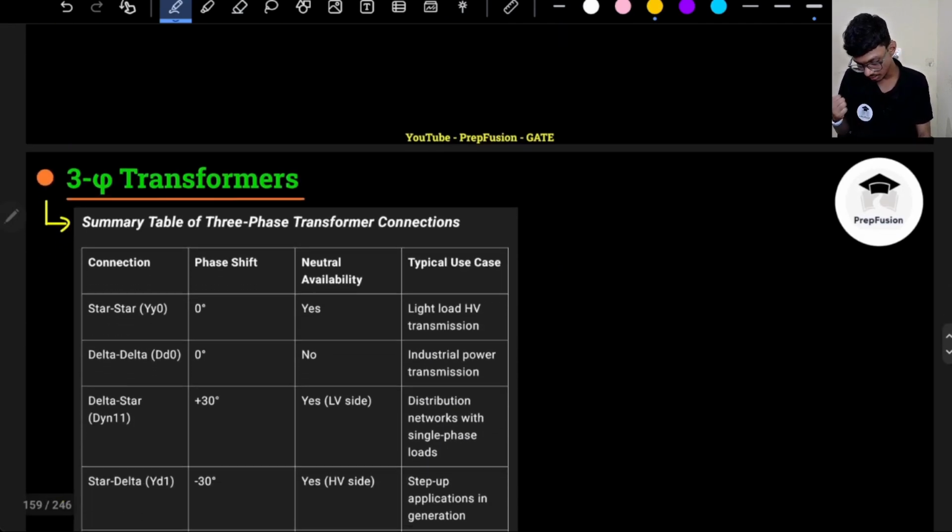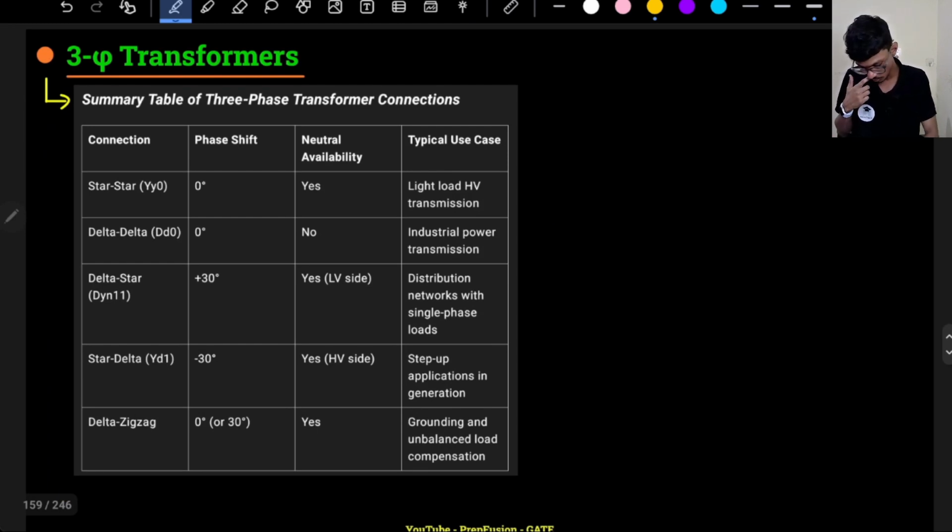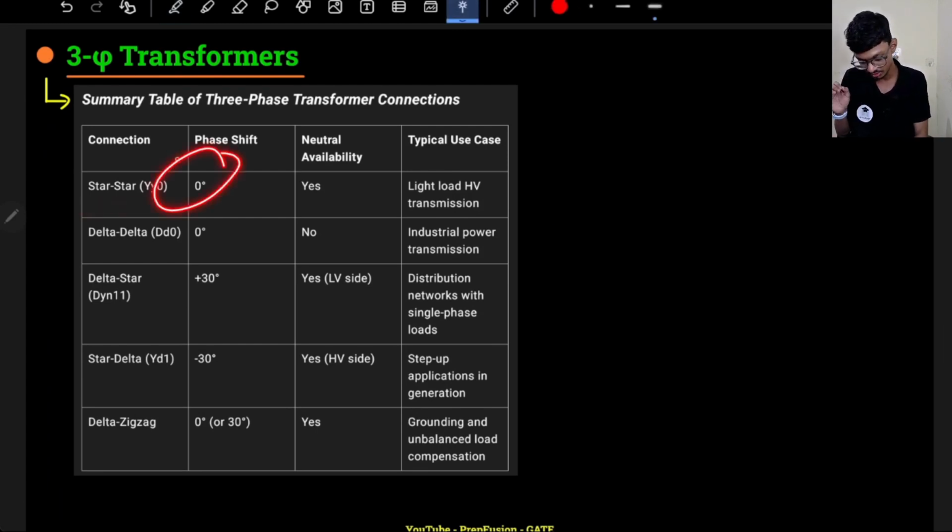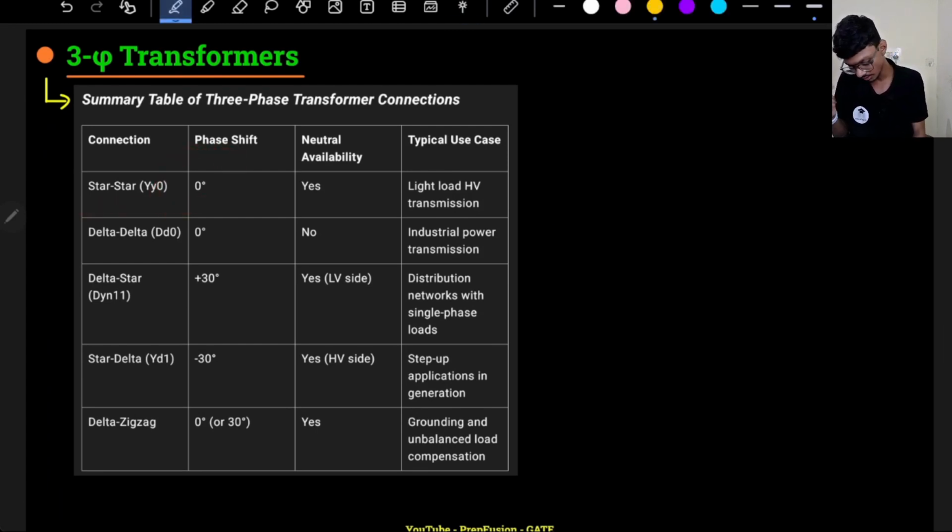Now let's come to the summary, whatever we have learned. Star to star will provide 0 degree phase shift or 180 degree phase shift, so this will be Yy0 or Yy6.